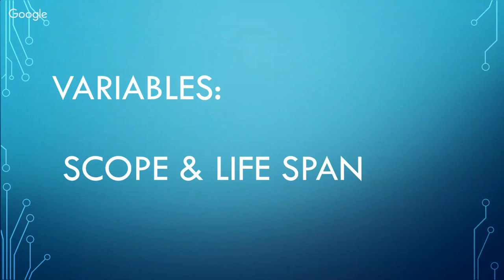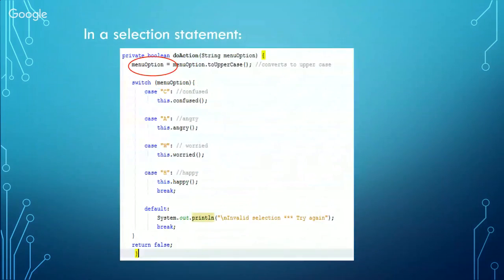Now I'm going to talk about the scope and lifespan of variables. The lifespan of this menu option variable in this selection statement ends when the system completes the execution of the statement.